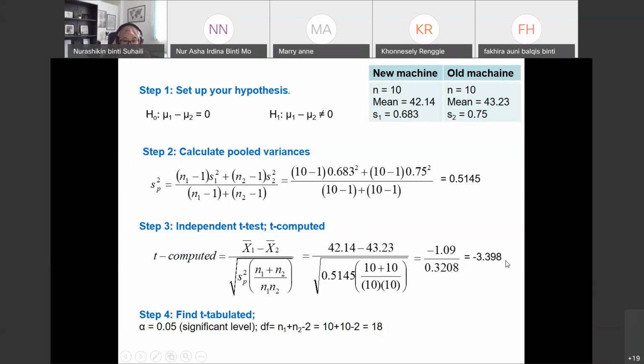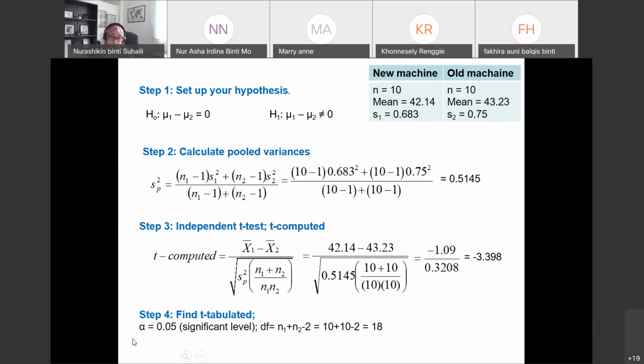This is T computed, and you have to find the T table value if you use option 1. It means that you have to find the T from the table, but first you have to find the degrees of freedom, N1 plus N2 minus 2. N1 is 10, N2 is 10, so DF is 18.